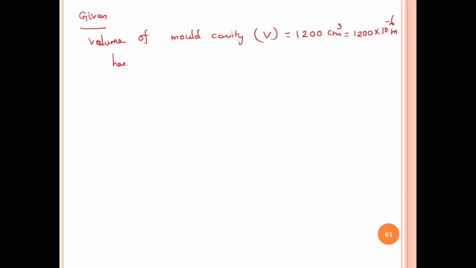First we will take the given values. The volume of the mold cavity given in the question is 1200 centimeter cube, so we will convert this into meters. Then the height of the sprue is given: 10 centimeter, which is equal to 0.1 meter.